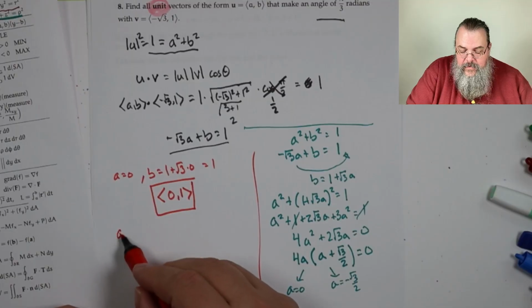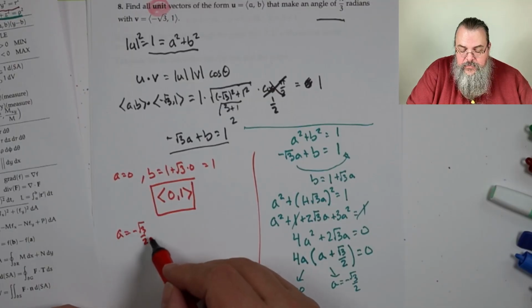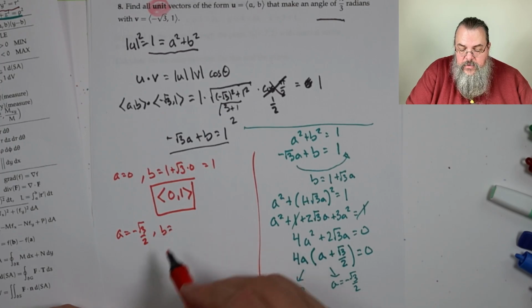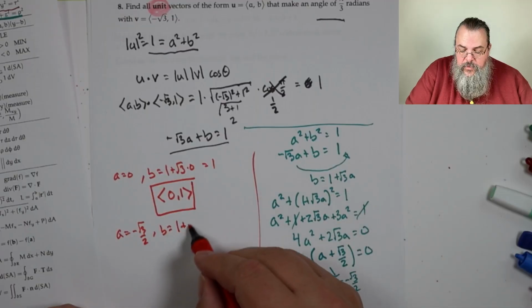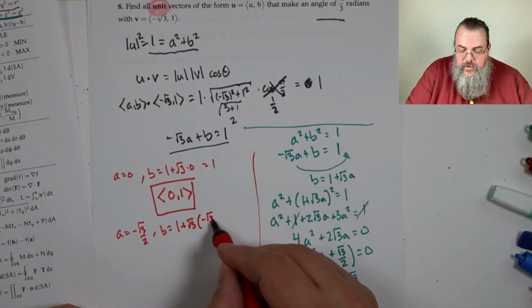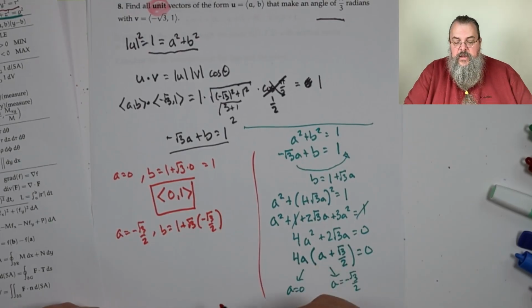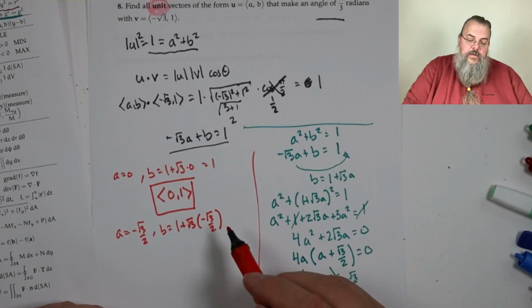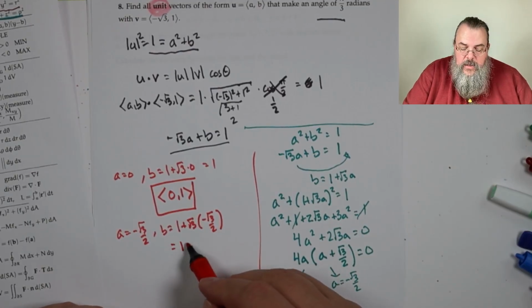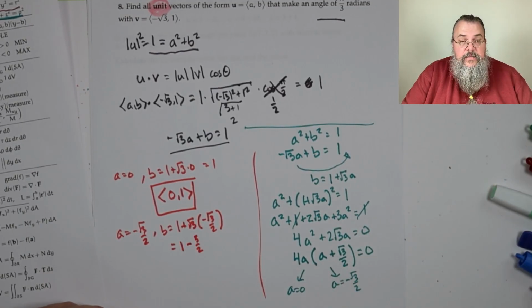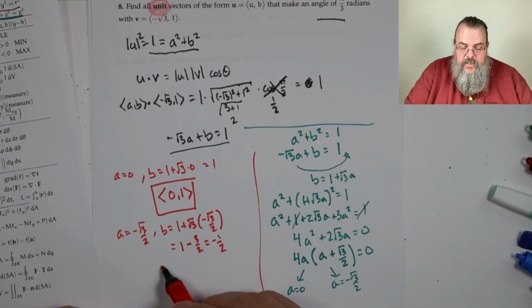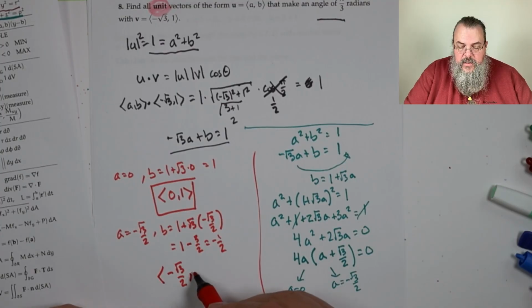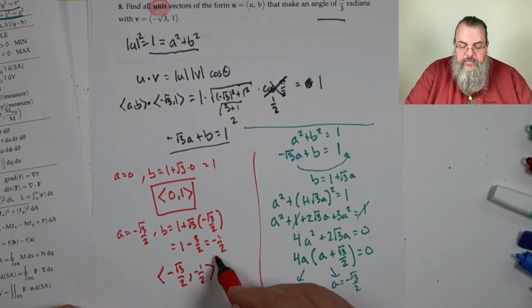If a is equal to minus root 3 over 2, then b is equal to 1 plus root 3 times minus root 3 over 2. Well, what is that? That's 1 minus 3 halves, which is negative 1 half. And so our second vector is minus root 3 over 2, comma, minus 1 half.